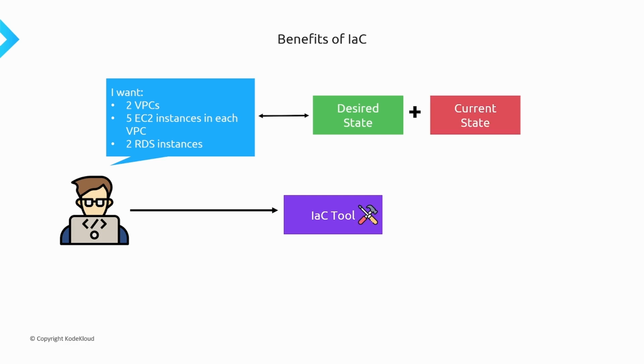It's going to take a look at what's currently deployed onto your cloud infrastructure, and then it's going to perform all the necessary actions to get the current state to match the desired state. So you define what your infrastructure should look like in your code, and Pulumi or any other infrastructure as code tool is going to figure out the rest. And that's one of the benefits of an infrastructure as code tool. You define what you want, and the tool does the rest for you.